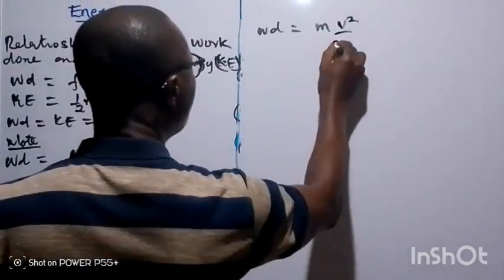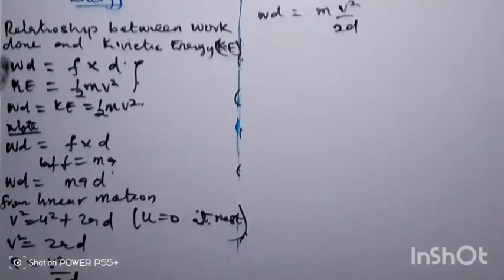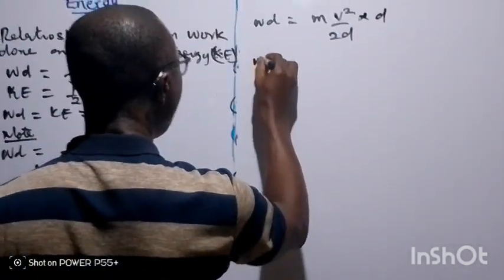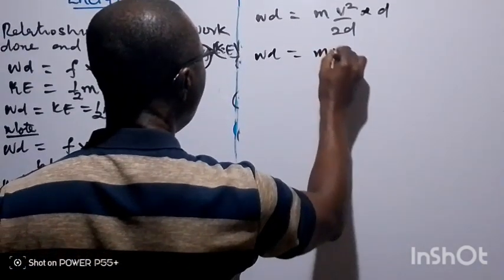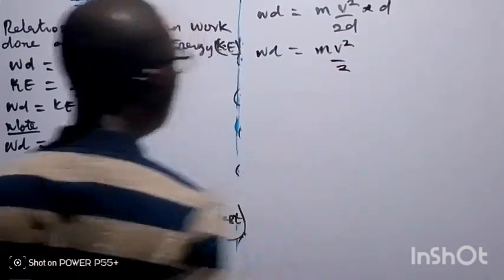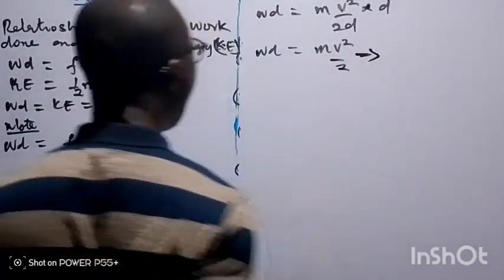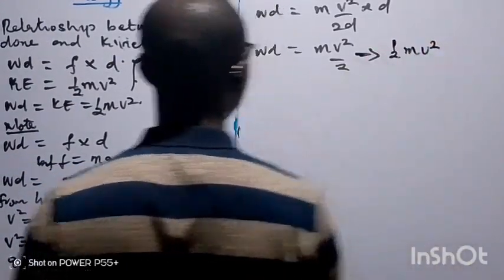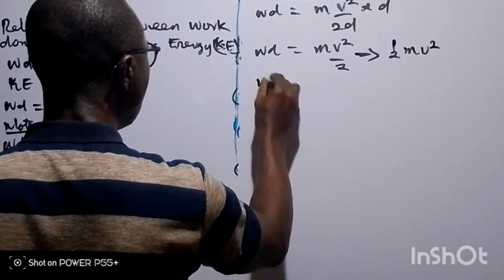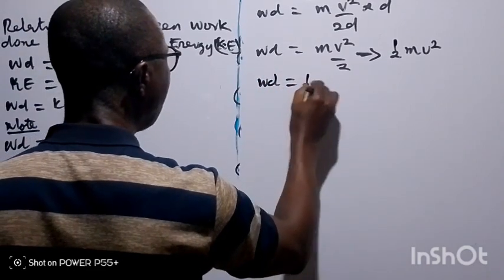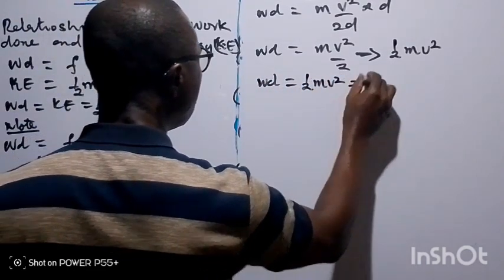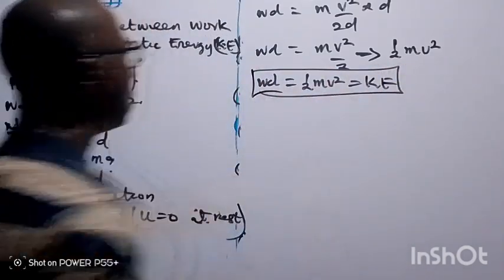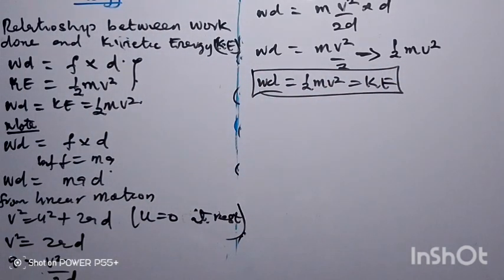Then multiply by D. So D will cancel D. We have work done equal to MV squared over 2, which is the same thing as half mv squared. So we can now say that work done is equal to half mv squared, which is equal to KE. That is the relationship between work done and kinetic energy.